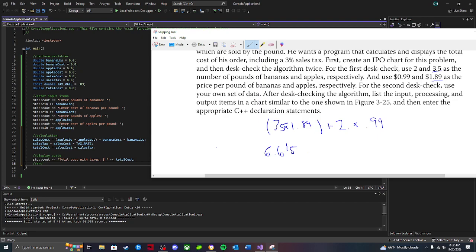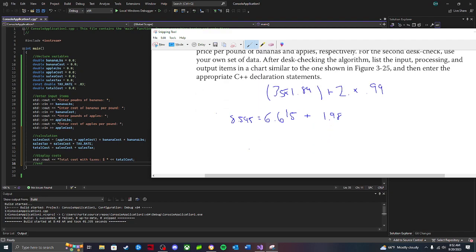At this point in this course, we haven't learned about doing the fixed set precision to only include a certain number of decimal places. So I didn't do that in this because you haven't learned it yet. So we get plus 6.615, which is 859.5.